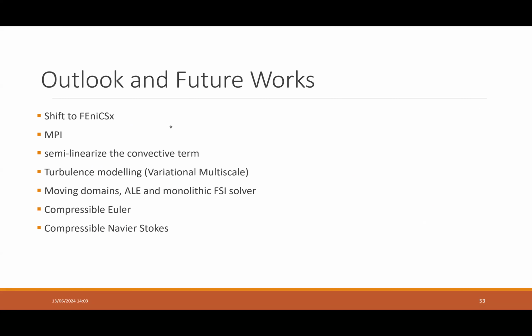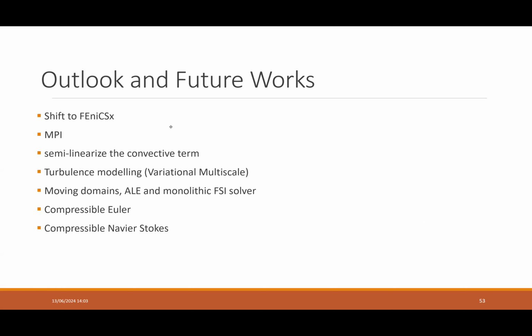What I would like to do in the future is shift to FEniCS, and also incorporate MPI capabilities. And then semi-linearize the convective term, because now the convective term is totally non-linear. One way would be to semi-linearize it and then use a BDF form of order 2 or something.